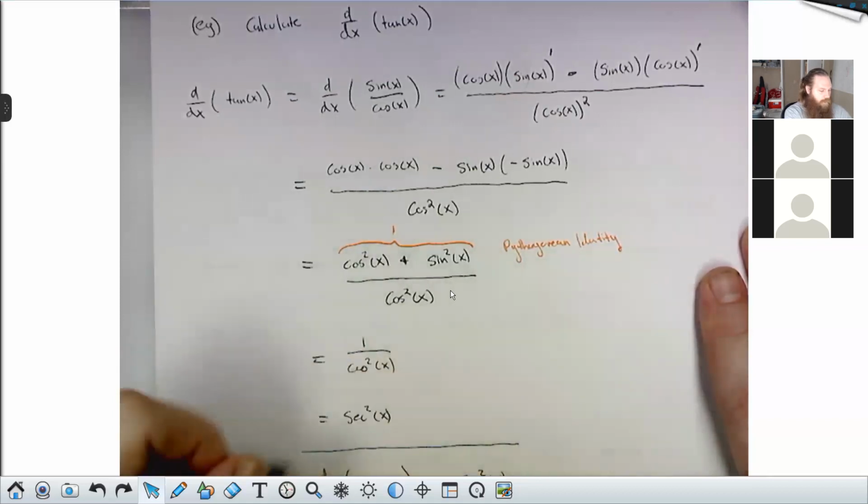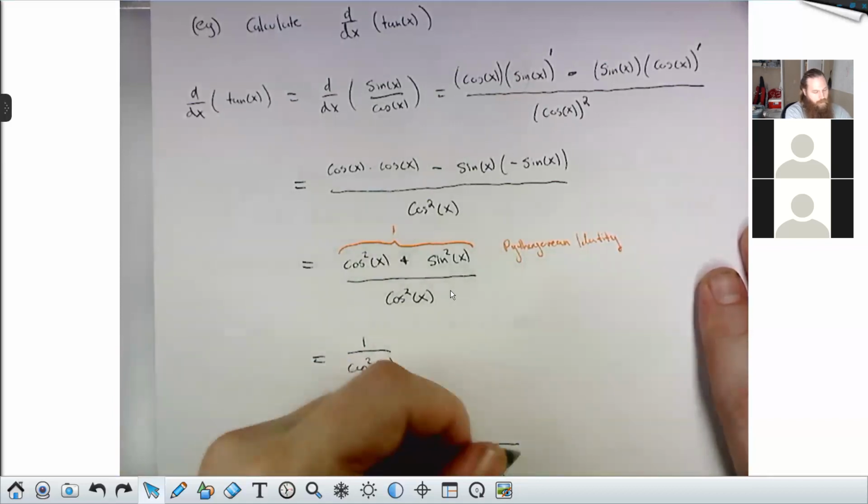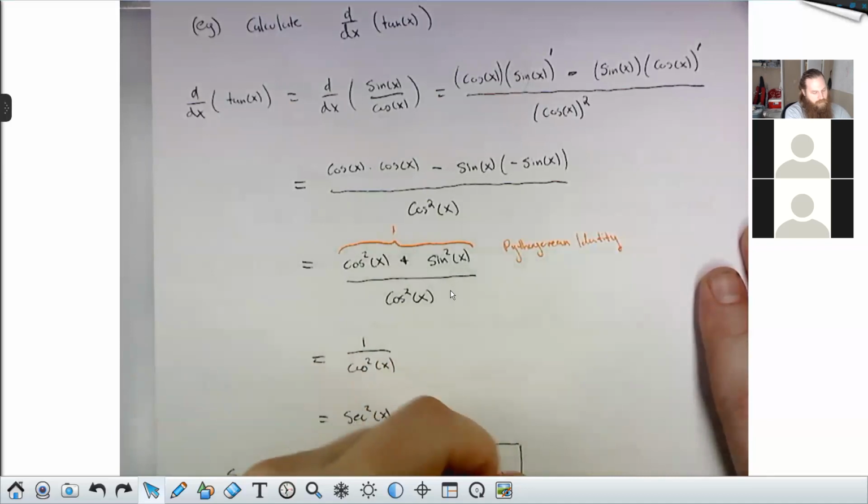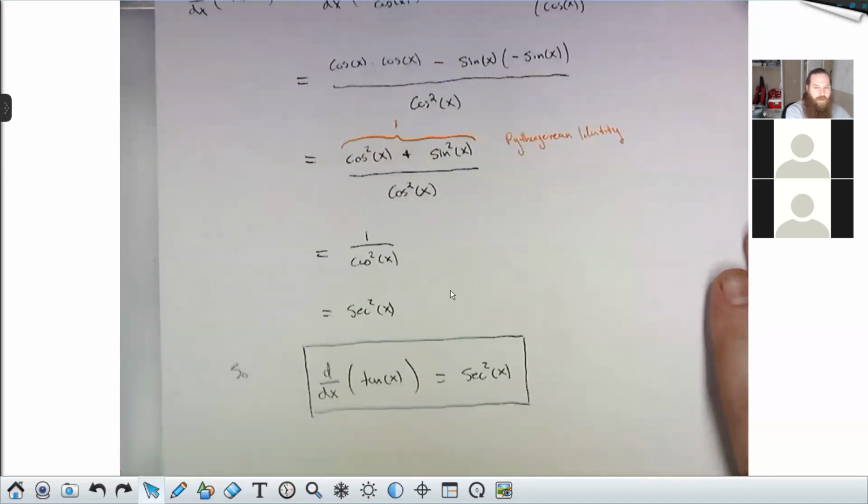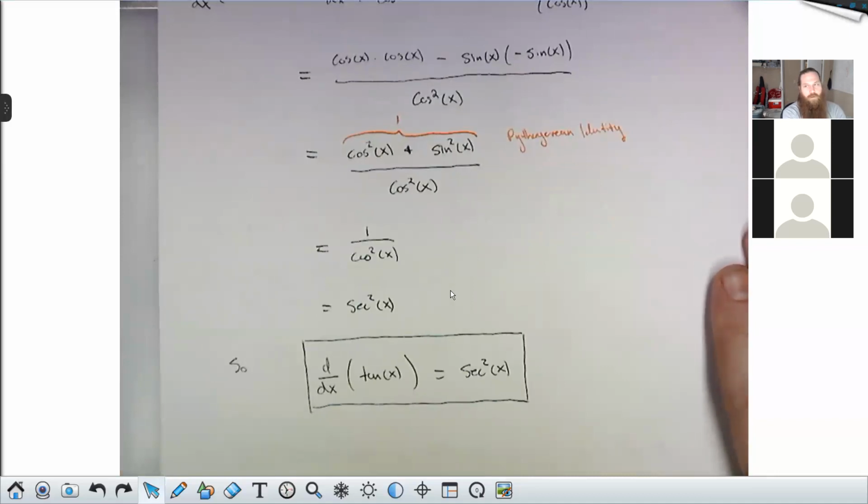A quick word of caution. I know as we're memorizing or learning these things, it can be tempting to memorize this as tangent is secant squared. I warn against that language. I would strongly suggest that you remember this as the derivative of tangent is secant squared. Not just because it's not true without that, but also because we're going to eventually go both ways on this derivative ladder.